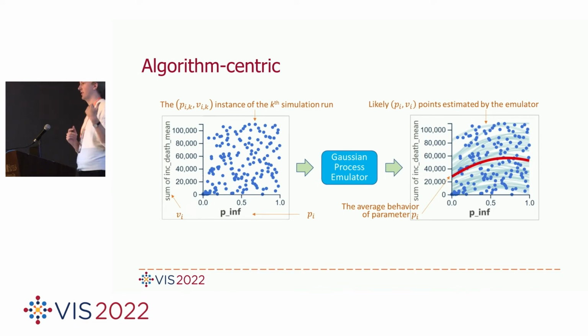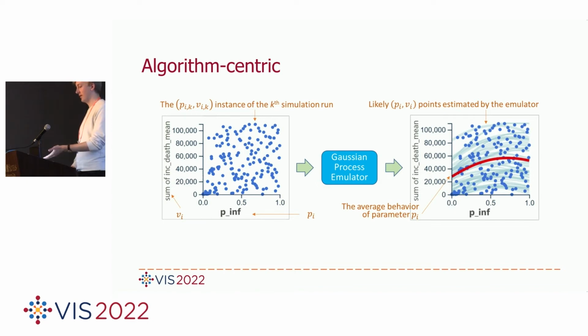This is shown as the red line. So in this plot, the red line shows that as the probability of infection is between 0 and 0.5, increasing it means deaths go up. Past about 0.5, it starts to have a different effect. And this is something that algorithmic sensitivity analysis alone with a single number doesn't convey.